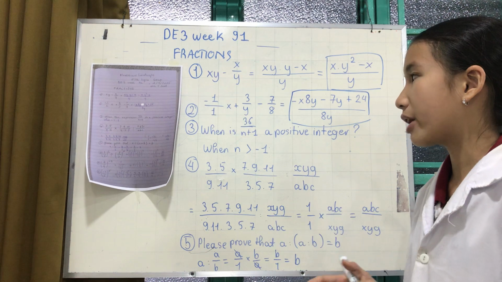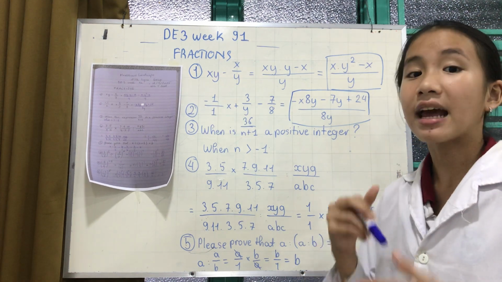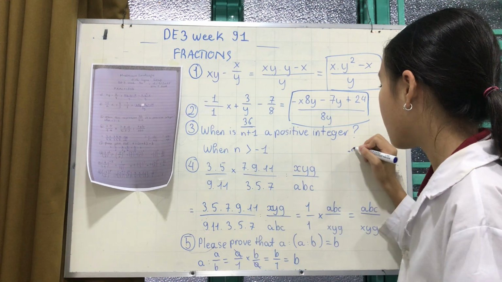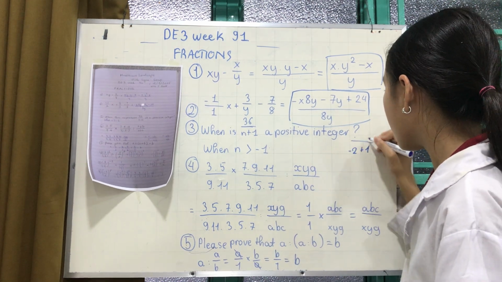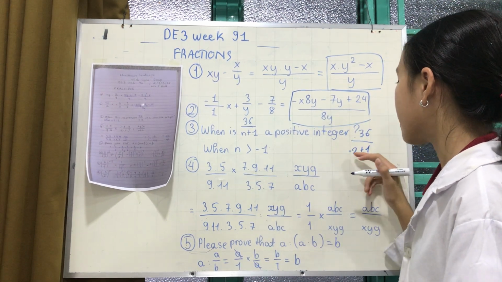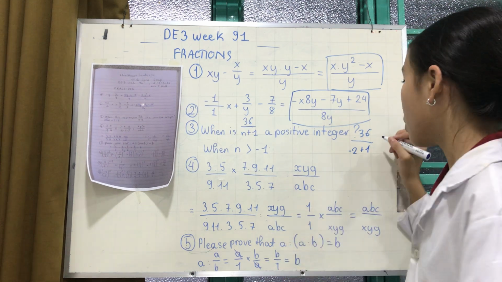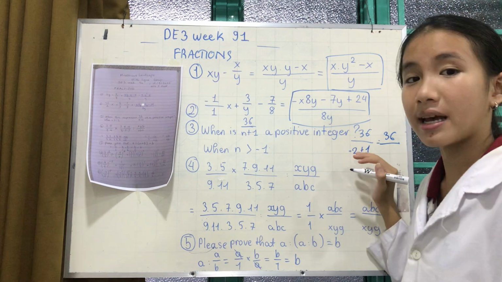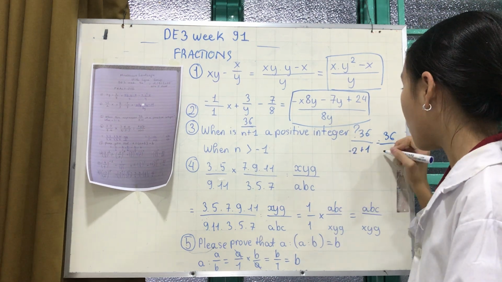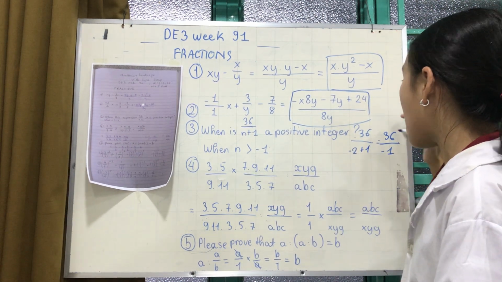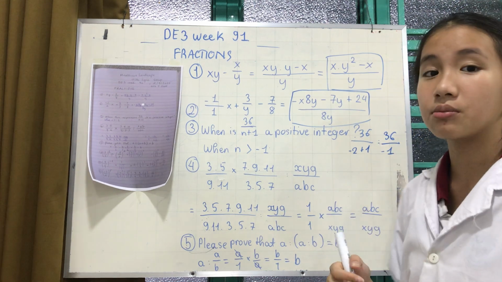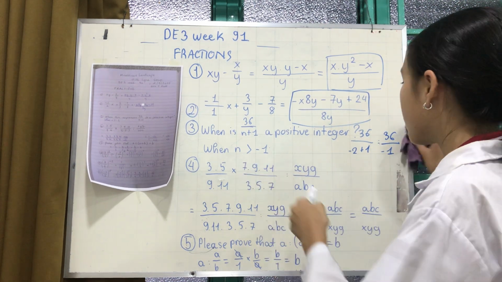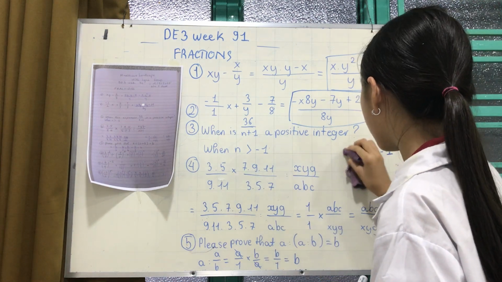So let's take, for example, if we have a negative number, let's say we have negative 2, 36 over negative 2 plus 1, then it will be 36 over negative 1, and 36 will turn out to be a negative number. So we need n to be larger than negative 1.